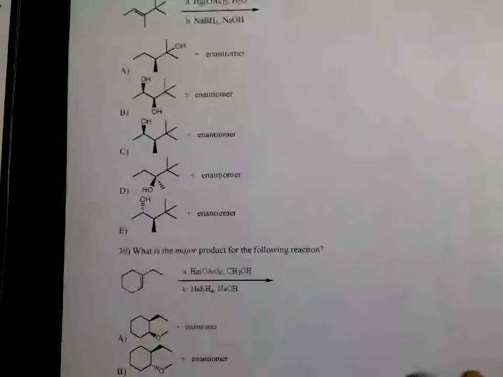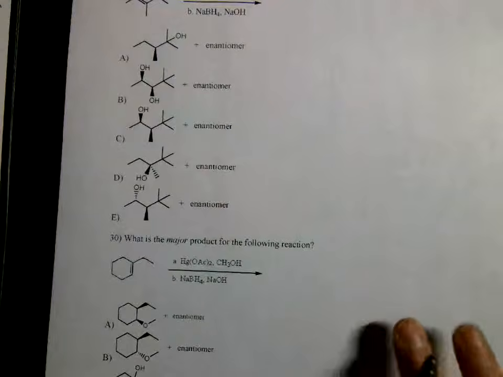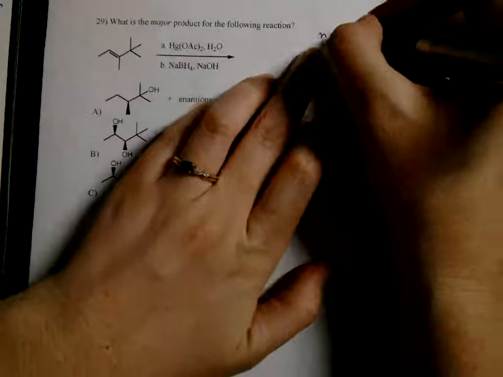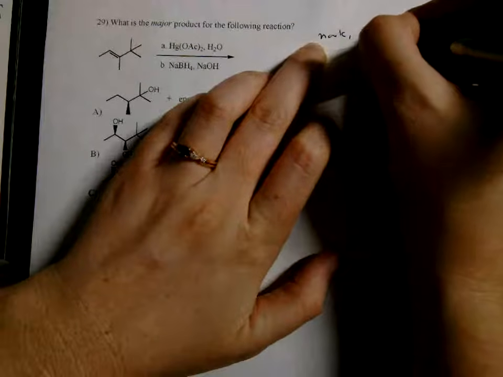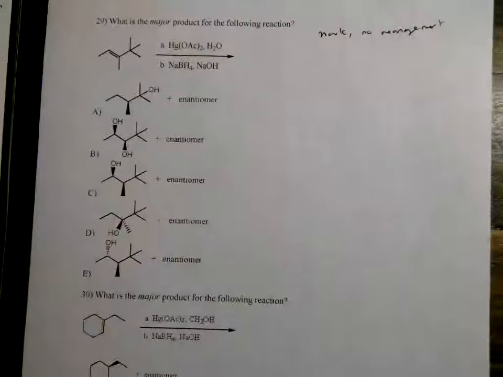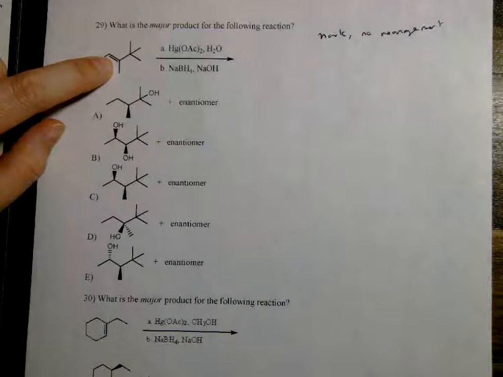Okay, we're getting towards the end here. Question 29, what is the major product for the following reaction? So this adds this oxymercuration demercuration of water, so it's Markovnikov with no rearrangement. So if you have Markovnikov, the alcohol is going to add where the more stable carbocation would have formed, but with no rearrangement.